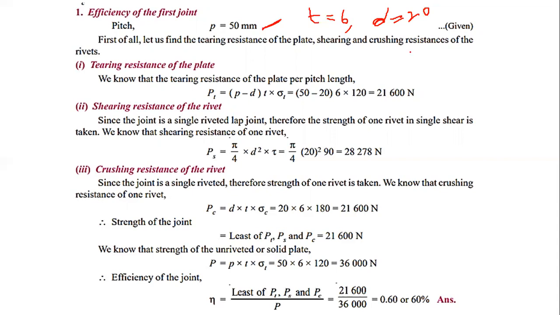These are the given values for the first case. Now you have to find out the efficiency of the riveted joint. Already we know the formula for efficiency.